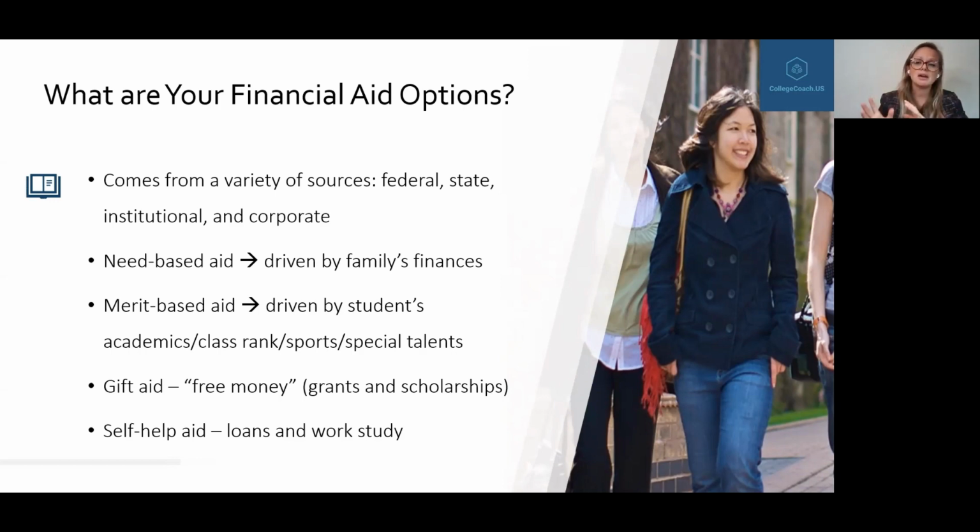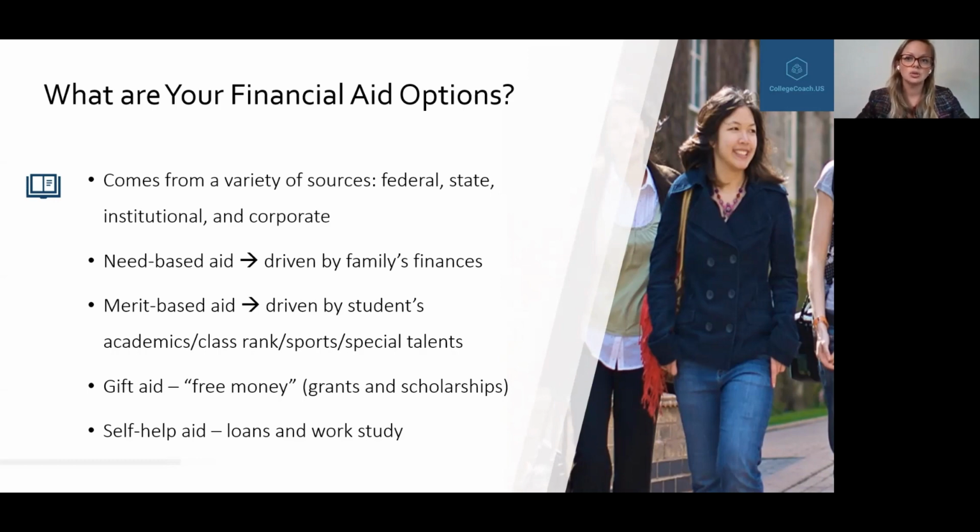Then there's the merit-based aid, which has nothing to do with your finances. It has nothing to do with how much money you make, how many assets you have. It is solely based on the student's ability, whether it's academic ability, musical ability, talent of some sort, if they play a sport, if they're ranked number one in their graduating class, and how much a school wants to recruit your student to come.